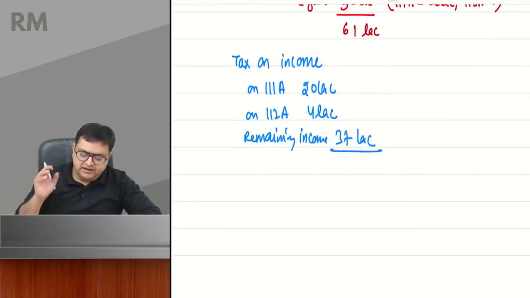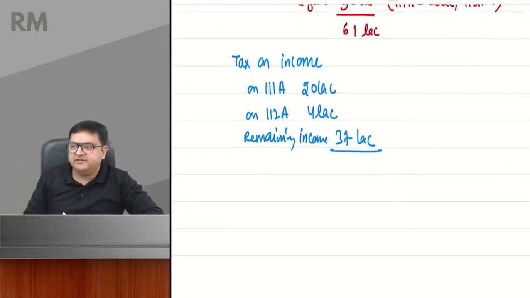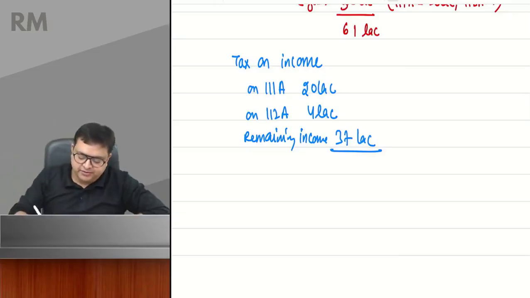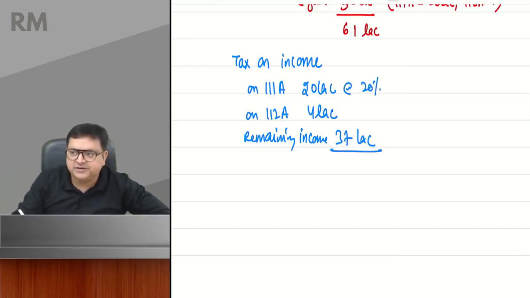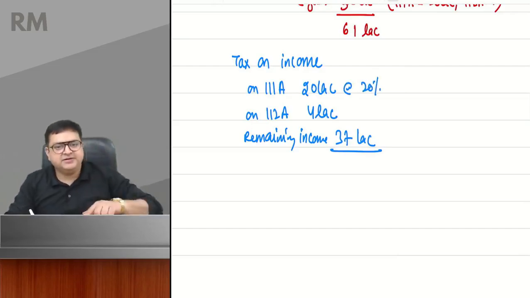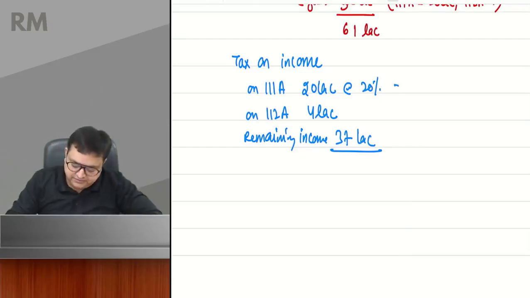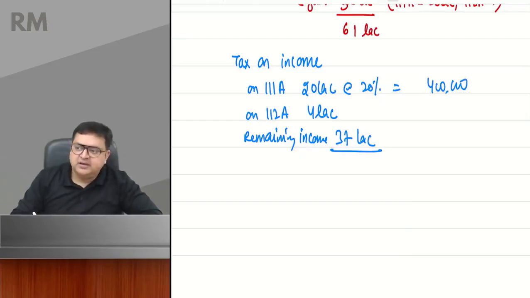Tax on 20 lakh, 112A, and remaining income 37 lakh. Let us compute. On 111A, we have a tax rate of 20% now, post-budget; pre-budget it was 15%. So 4 lakh is the tax.